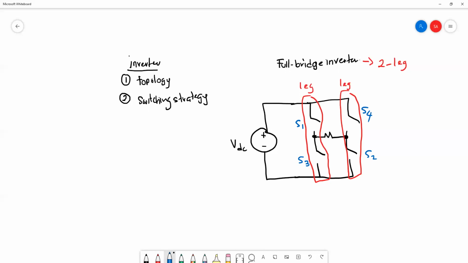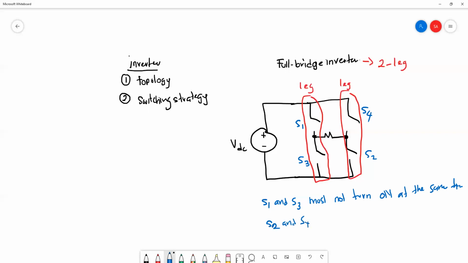Switches S1 and S3 must not, this is the rule, must not turn on at the same time. The same for S2 and S4.